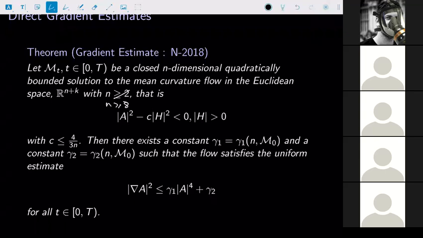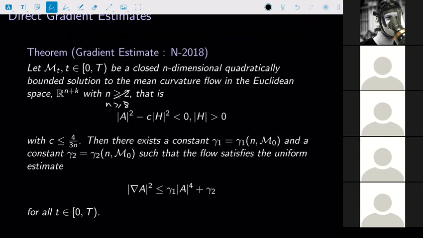All right, so there exists a constant gamma 1 and a constant gamma 2 such that the flow satisfies this uniform estimate here. I haven't introduced the mean curvature flow with surgery yet, and I probably won't because I've always run out of time. But this is up to the first singular time.